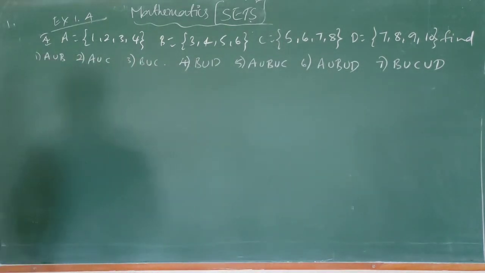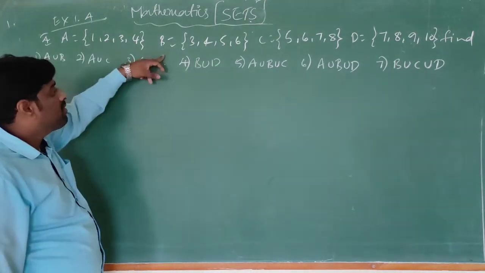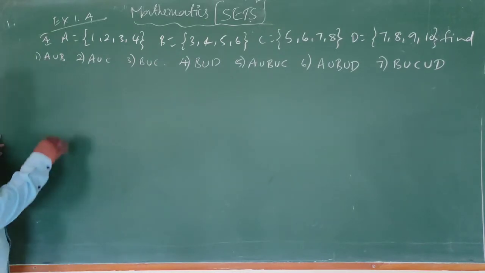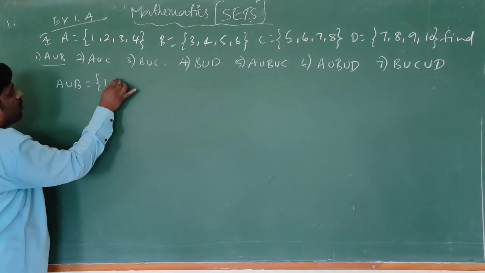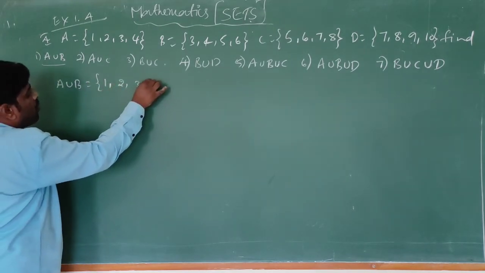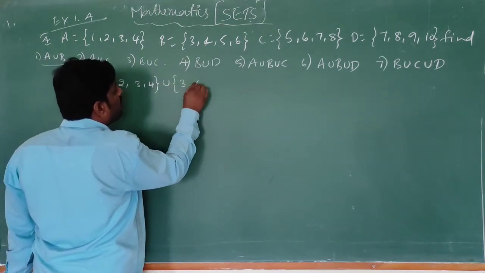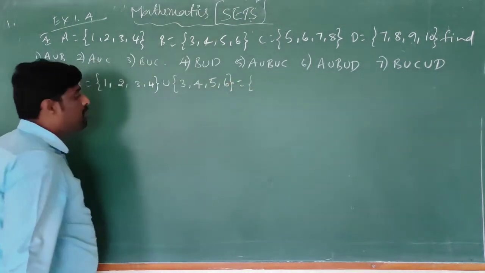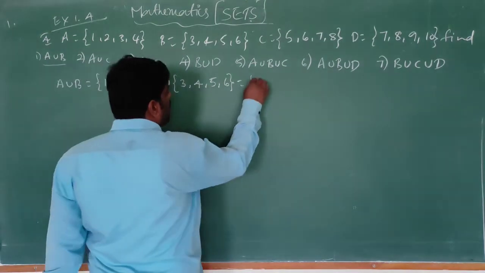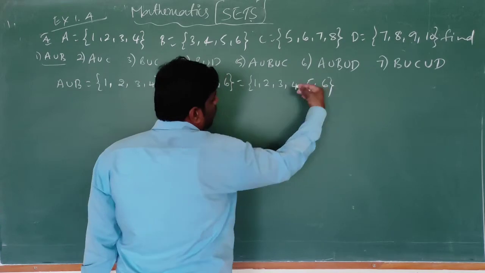So dear children, for all these unions, these are the given sets: A set, B set, C set, D set. First I want to find A union B. A union B is equal to, A is 1, 2, 3, 4, union B is 3, 4, 5, 6. So A union B is equal to 1, 2, 3, 4, 5, 6.